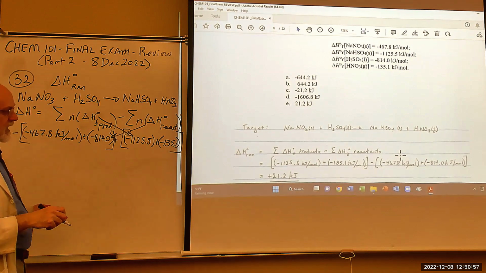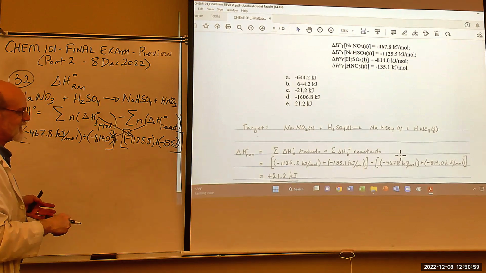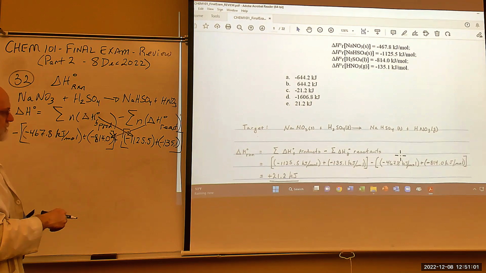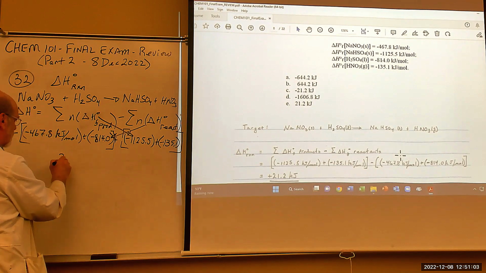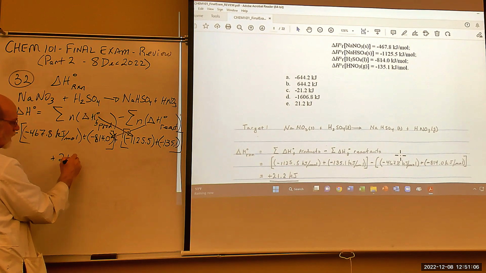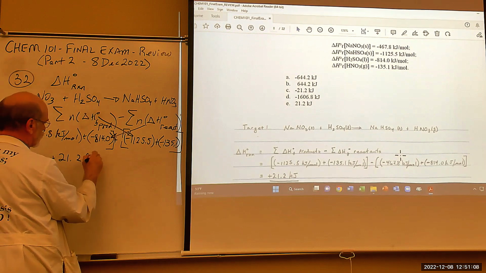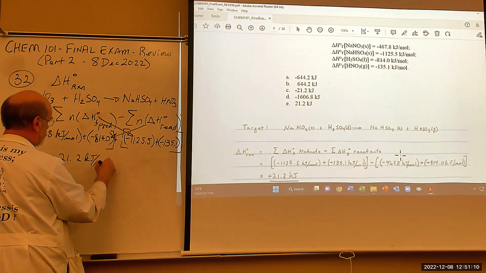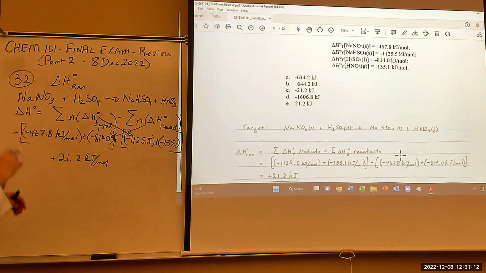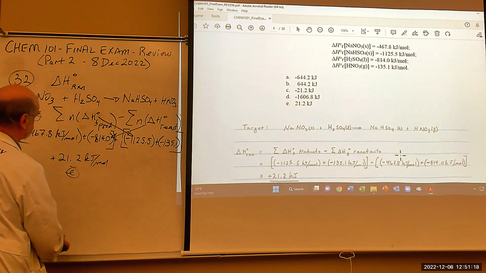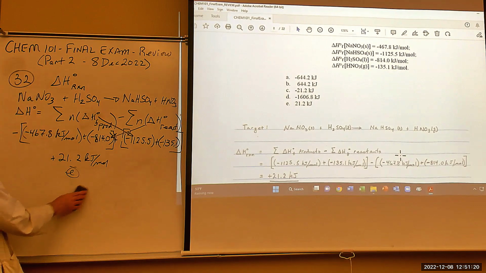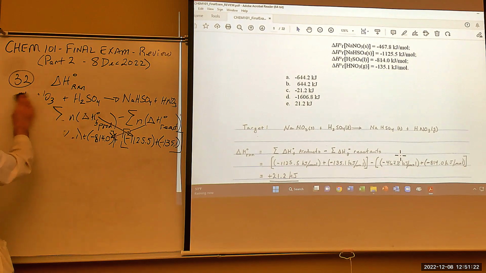So if I don't make any more mistakes, the answer should be positive 21.2 kilojoules for that reaction, which is E. All right, that's 32.